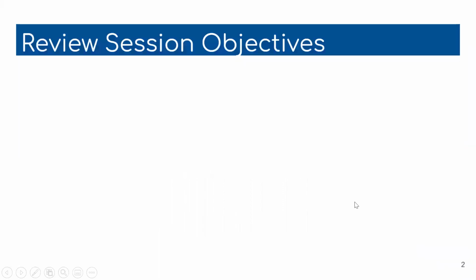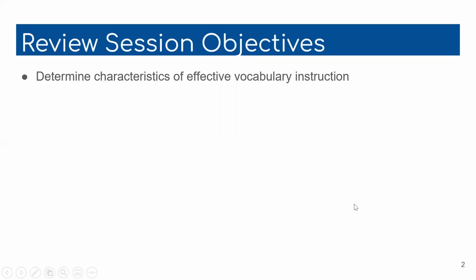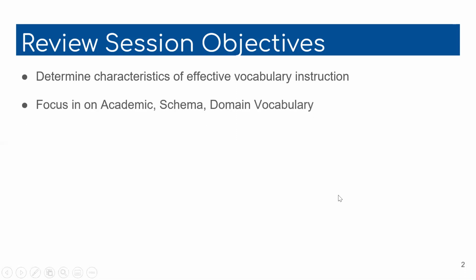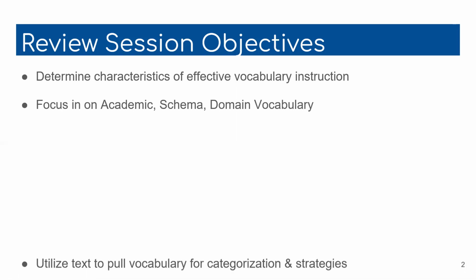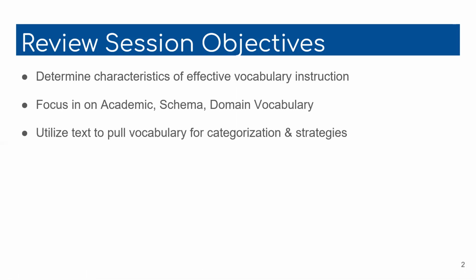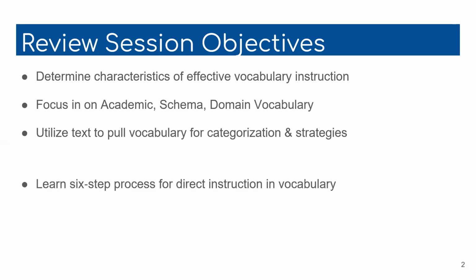Let's begin. In this session, we'll review the following objectives: to determine characteristics of effective vocabulary instruction, to focus in on academic schema as well as domain-specific vocabulary. We will utilize text to pull vocabulary for the purposes of categorization and strategy.